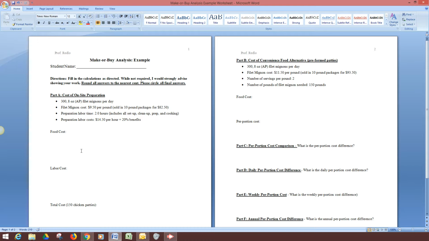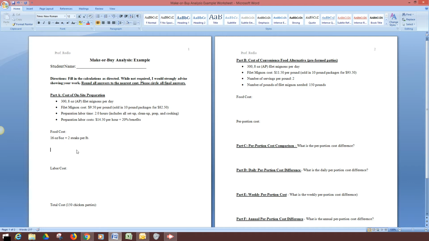Well, to do that, we first need to calculate our food cost. So we'll see that our daily need is 300 8-ounce filet mignons per day. So the first thing we want to do in calculating food cost is figure out how many servings per pound we get. So there's 16 ounces in a pound. So we would divide that by 8 ounces to see that there are 2 steaks per pound.